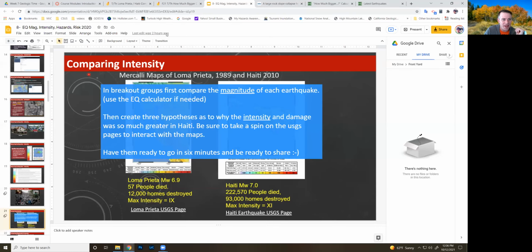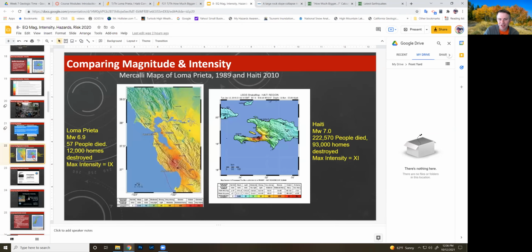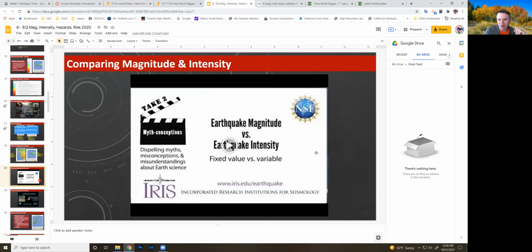We'll talk about that before we head off for the afternoon. Great job figuring out some of those controlling factors.